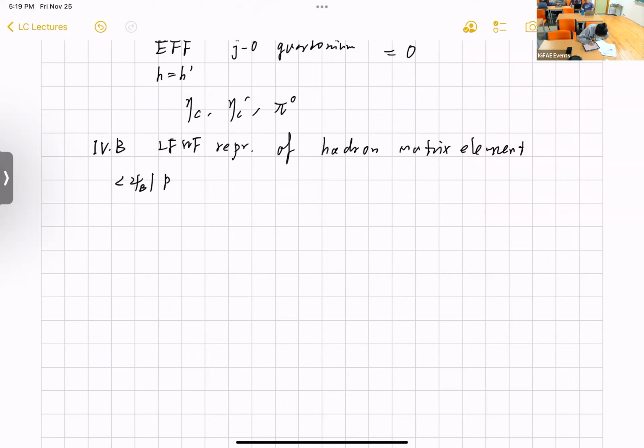So let me write down the current, and gamma mu explicitly.